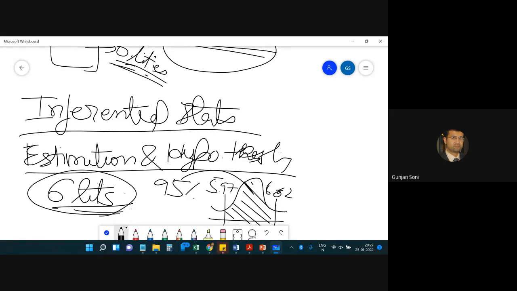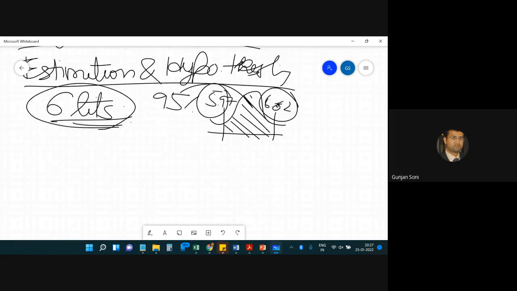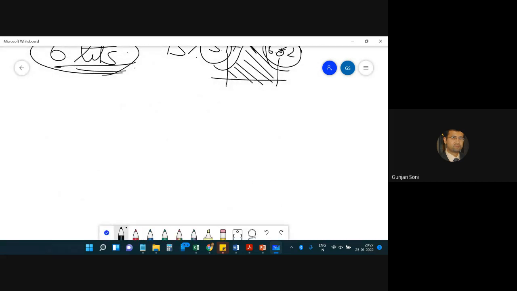Now we talk about estimation of this interval. So I want to find out this interval. How do I find it? The range of the interval is determined, and now I'm interested in finding the interval within which the population parameter can lie. I'm okay with that because it is not possible for me or anyone in this world to fill it exactly 6 liters.